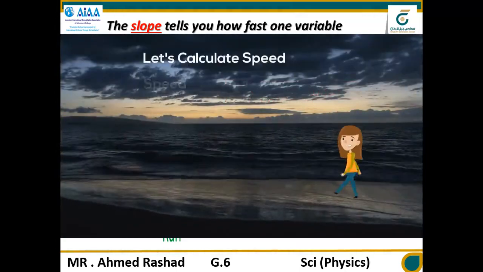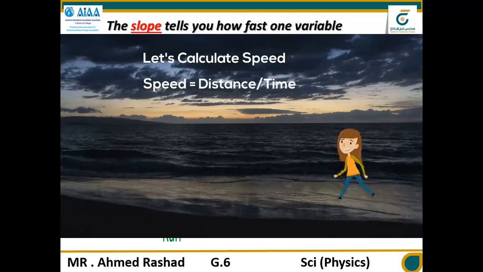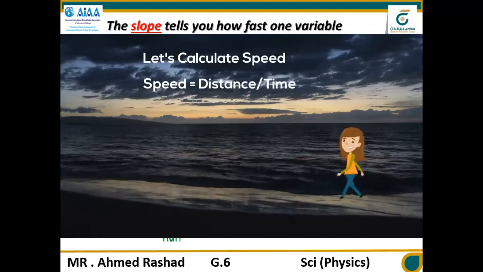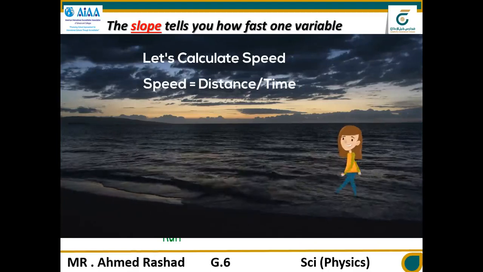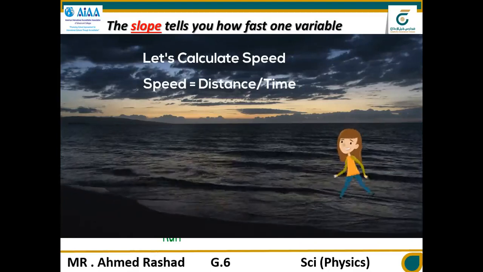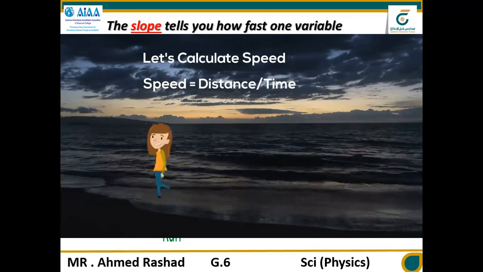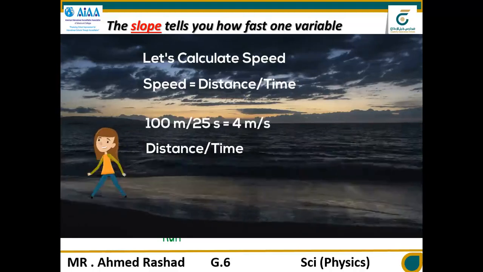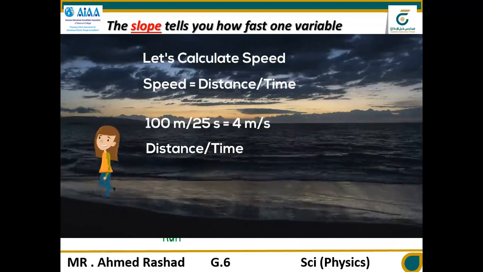You can use the formula distance divided by time to calculate speed and velocity. Let's calculate the rate of speed of this walker. The walker can travel 100 meters in 25 seconds. That's 100 divided by 25, or 4 meters per second.